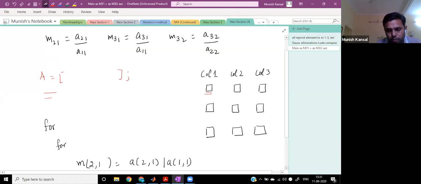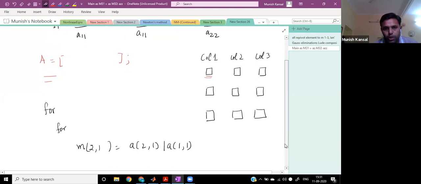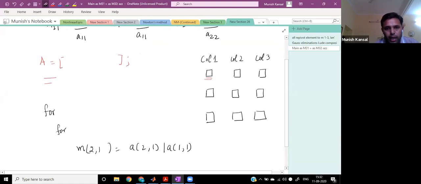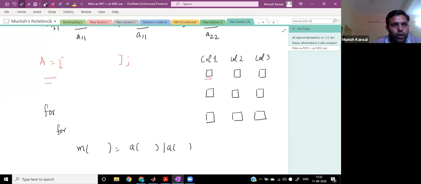You will evaluate this because you want to display the value of capital L, right? So this is the notation. Now similarly for M31, similarly for M32. We don't want to write it as M21, M31 and M32. So we will change it for I and J because we will learn the programming for the general case. So we will write this as J comma I, right?